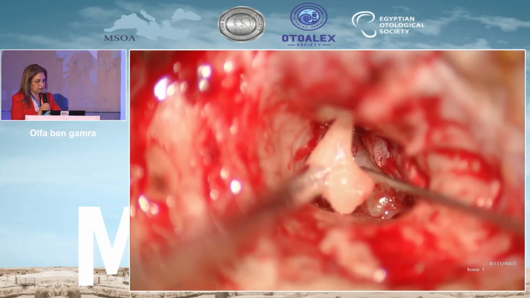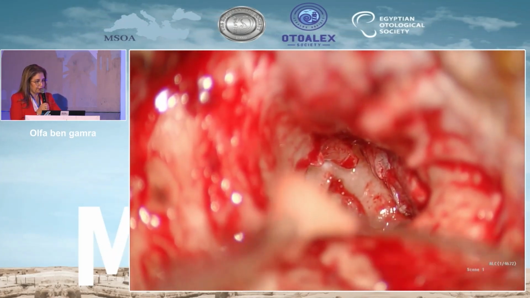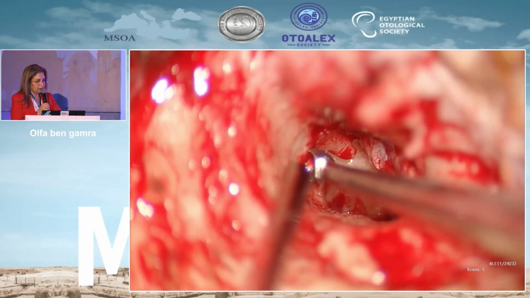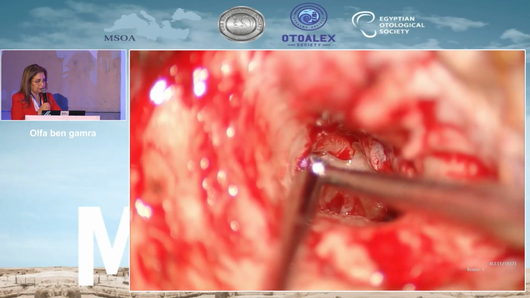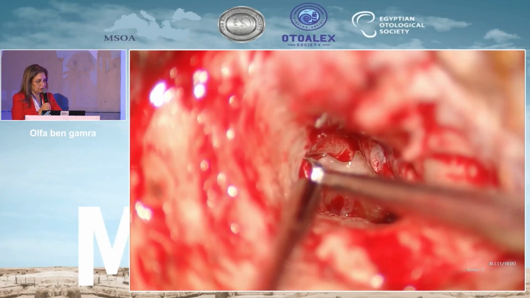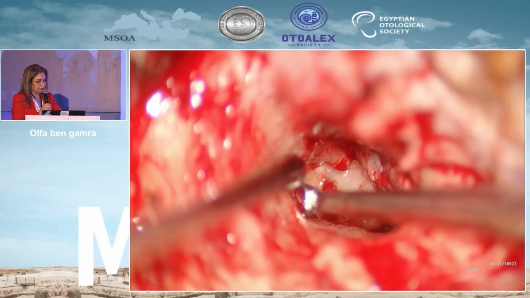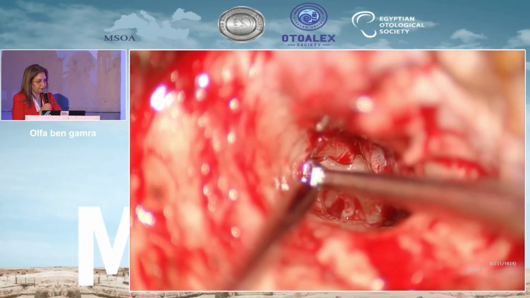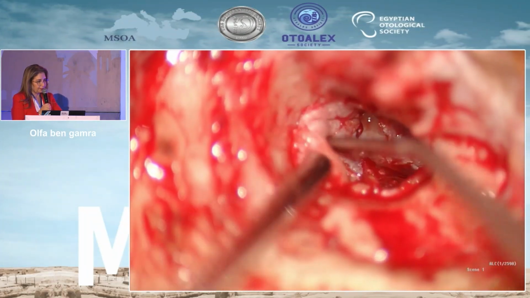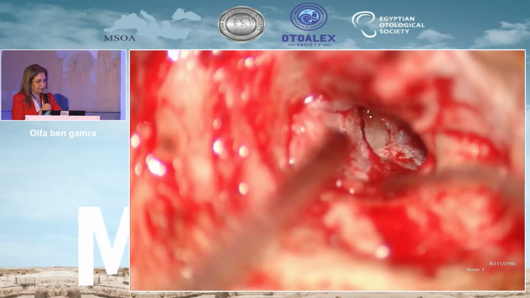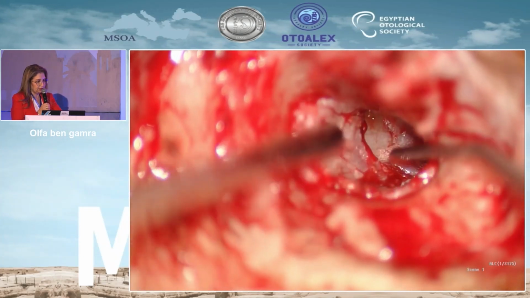It's clean posteriorly, and we will control the cavity.